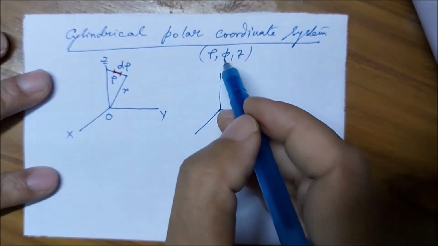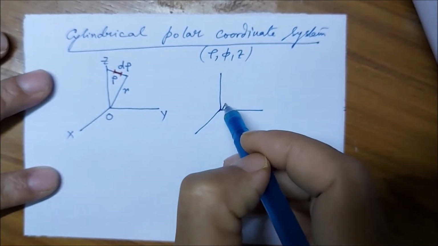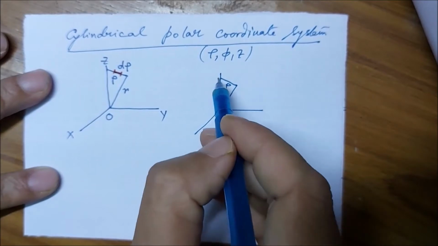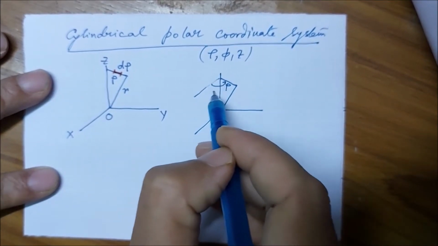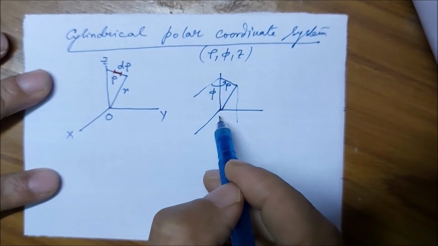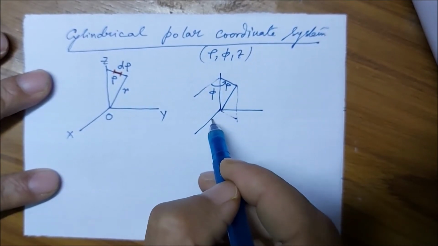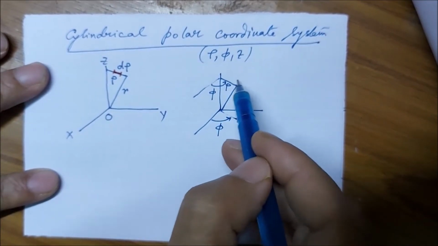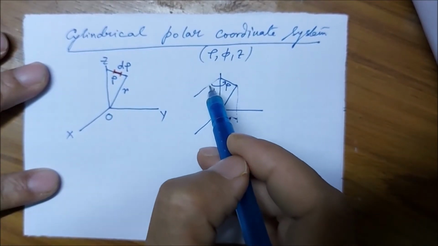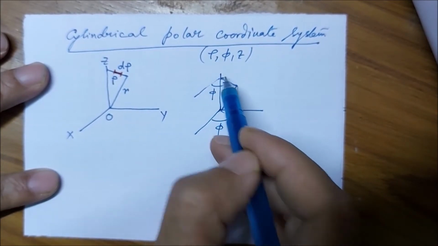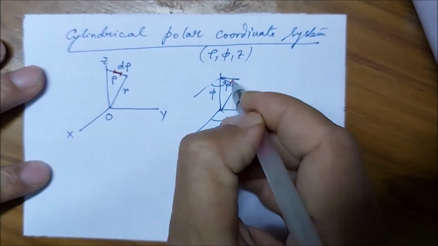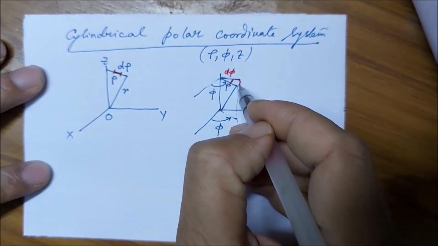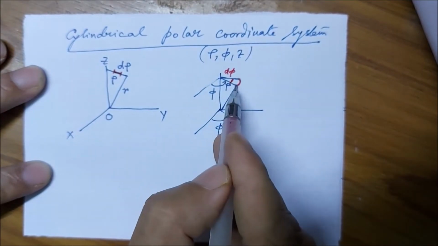the length element corresponding to phi was shown. So this is rho, this is phi, and if this point rotates, in other words, if we increase this angle further by say d phi, then this rho will trace an arc.